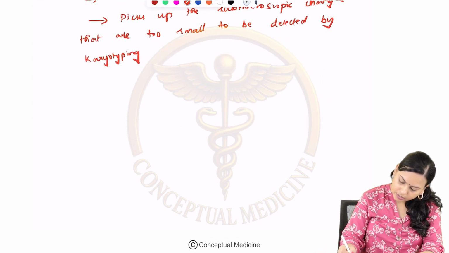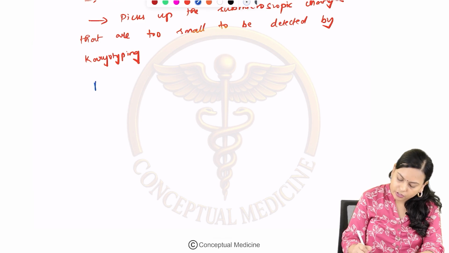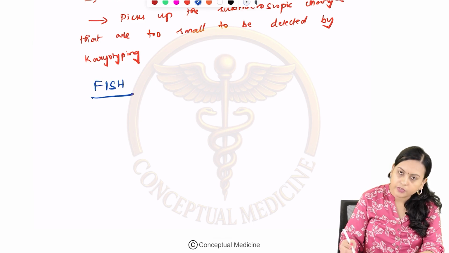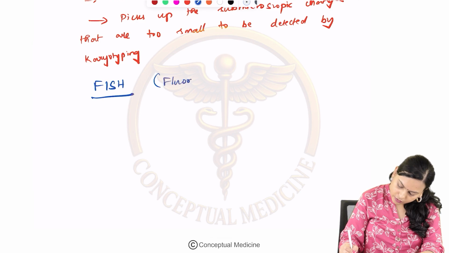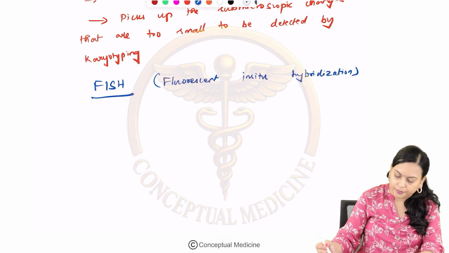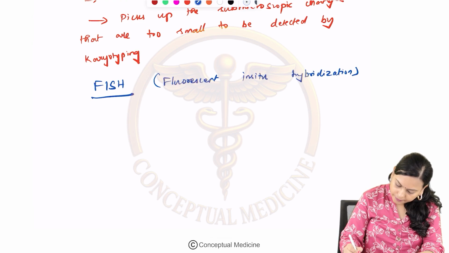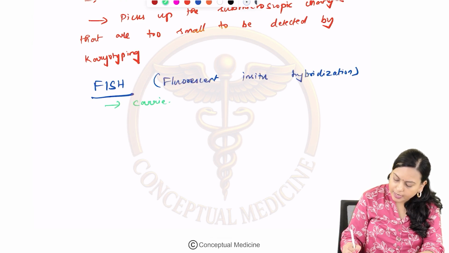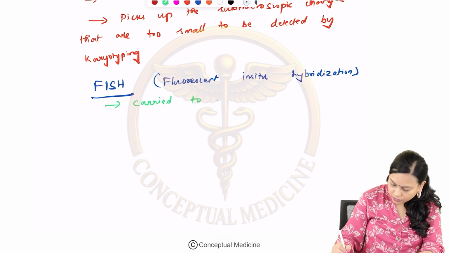Okay. Next we will see FISH. Okay. What does FISH mean? It is fluorescent in situ hybridization. Remember, it is carried to specific chromosomes.